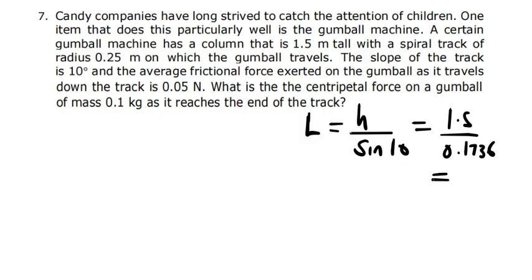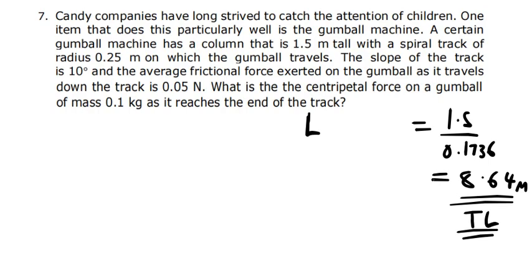So 1.5 meters divided by 0.173, I'm getting 8.64 meters. Okay, this is the track length. We found the track length. Very, very important. Now, what are we supposed to find?